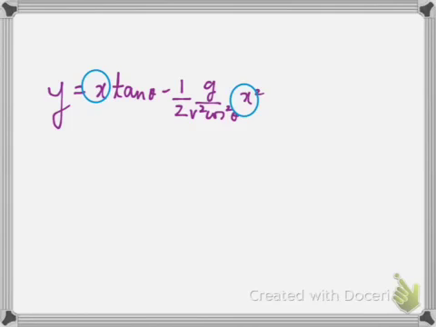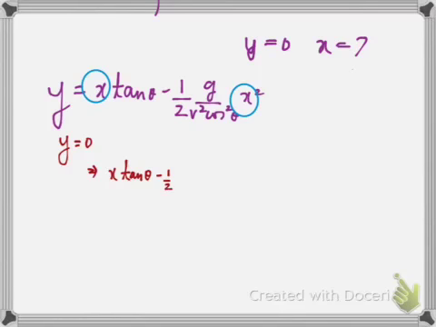Right, now we can also find this in the form of range. Right, because we want to find the root of this equation, that is y equal to 0. We need to find that if y equal to 0, what will be the value of x. So let us find out at y equal to 0 what will happen. So at y equal to 0, we have x tan theta minus half g upon v square cos square theta into x square equal to 0.